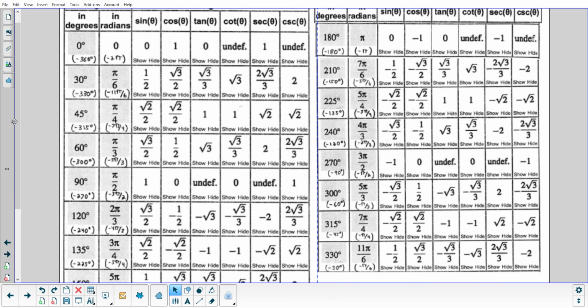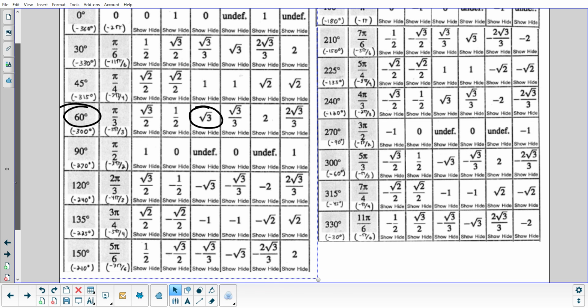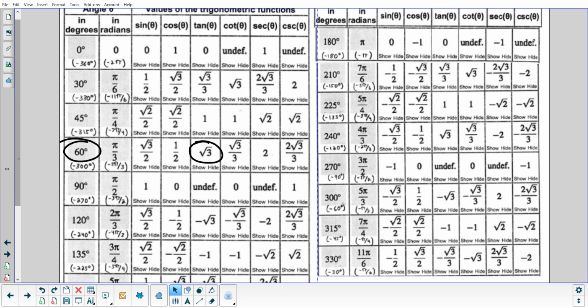Yep. 60. There's your square root of 3, and it's 60. You will see it again. Where is it? Over here. But those answers are 240 and negative 120. They're not in the range we're looking for. They're not wrong. They're just not the answer we're looking for. Okay. So 60.